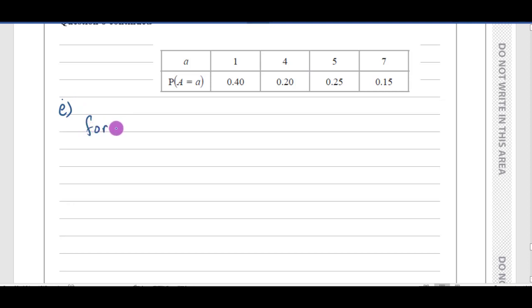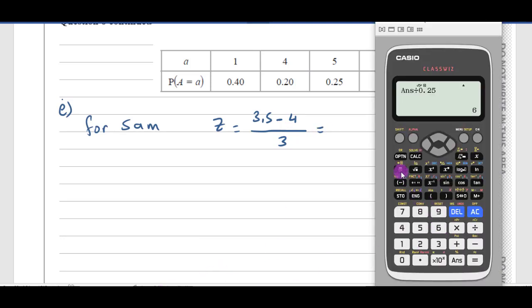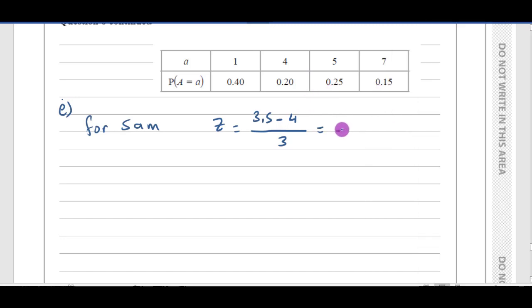Now for Sam, we know that Z is equal to 3.5 minus 4 divided by 3. So it's equal to, let us bring our calculator, 3.5 minus 4 divided by 3, minus 1 over 6.